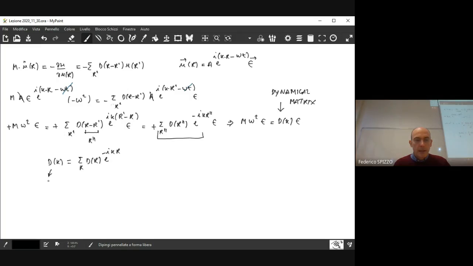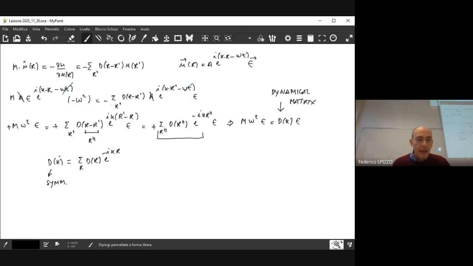D of k is symmetric because all the D of R matrices are symmetric. So you're summing up symmetrical matrices, so you end up with a symmetrical matrix.